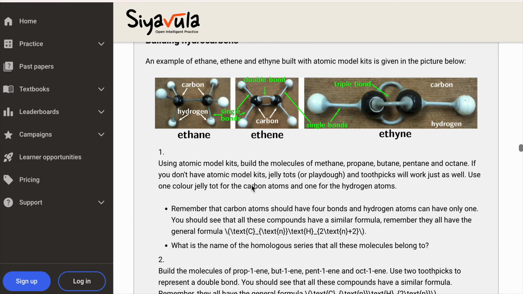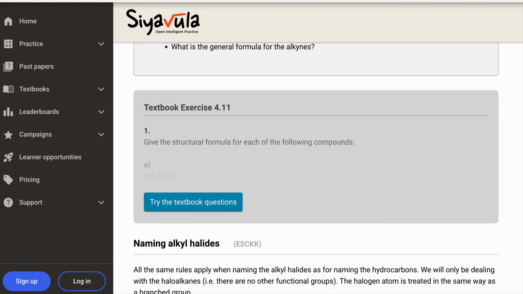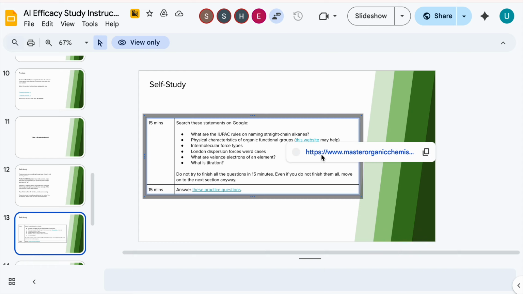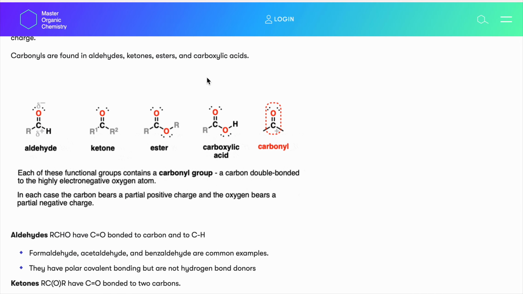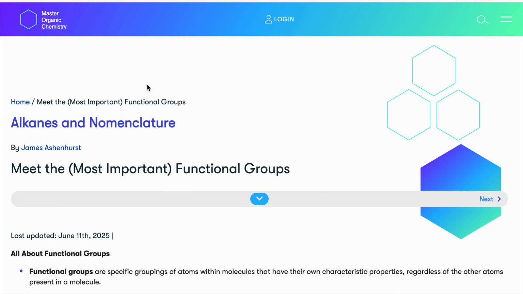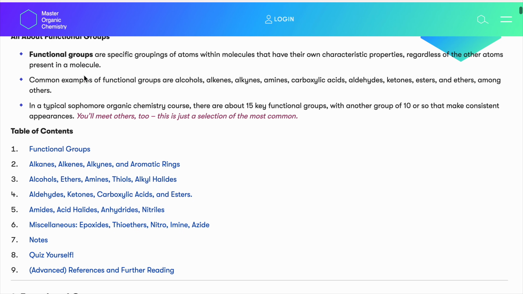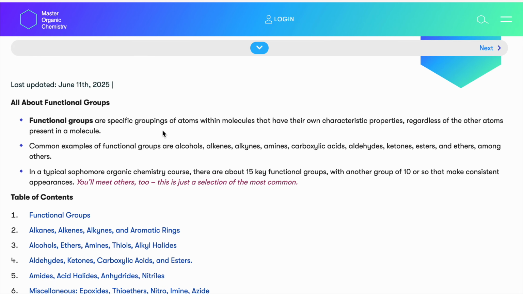Building hydrocarbons. Okay, now going to the second question, physical characteristics of organic functional groups. Let's visit this. Alkanes and nomenclatures. All about functional groups. Functional groups are specific groupings of atoms within molecules that have their own characteristic properties regardless of the other atoms present in a molecule.